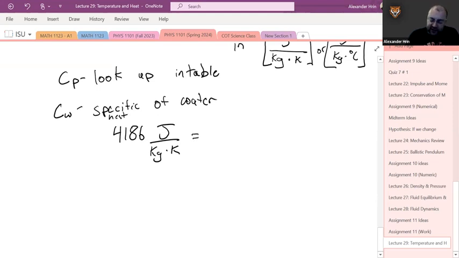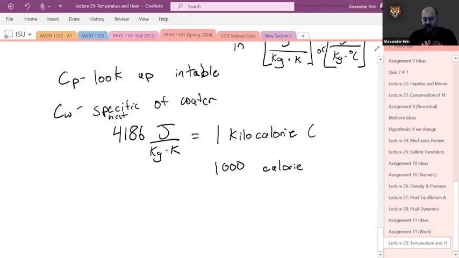Now it turns out this is equal to 1 kilocalorie, or 1,000 little c calories. When you are reading the calorie figures on food, they're talking about kilocalories, not little c calories. So these are the Calories in food, these kilocalories.